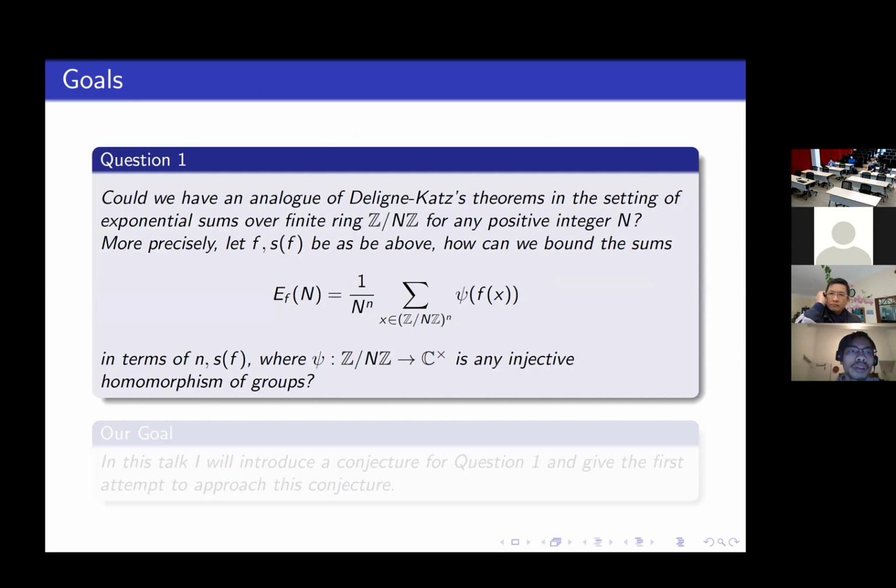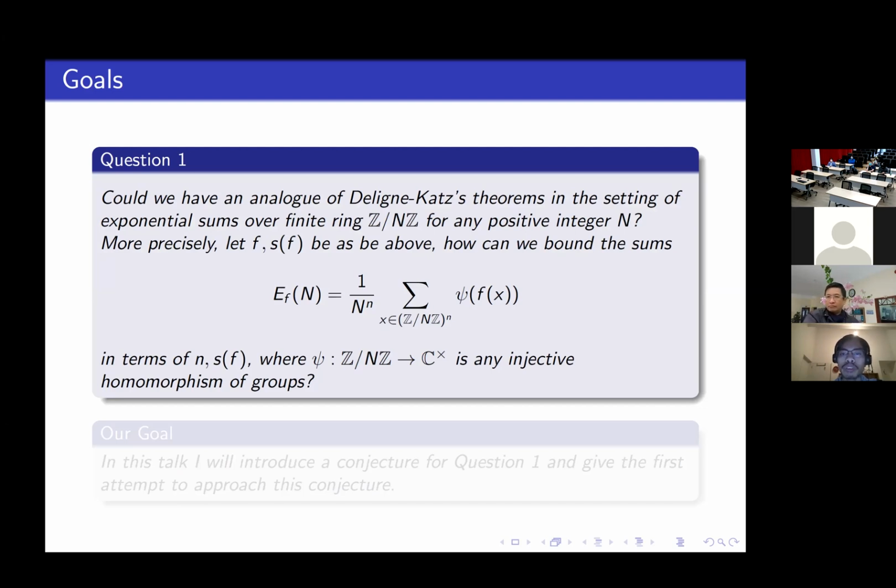So Question 1 asks whether we can have an analog of Deligne's theorem in the setting of exponential sums over the finite ring Z over NZ for any positive integer N. To be more precise, let nf be as defined.